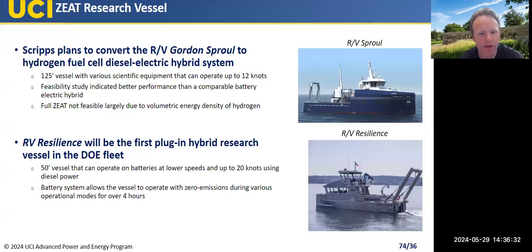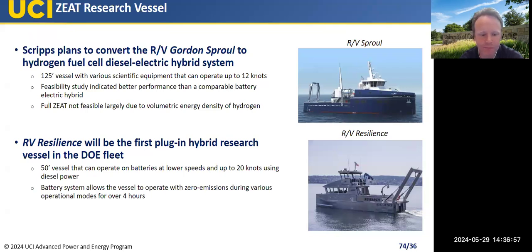On the other hand, they couldn't do full ZEAT with the hydrogen fuel cells, just largely due to the volumetric energy density of hydrogen. The vessel had certain missions that had to be met, and they could not meet that with full ZEAT. Additionally, the RV Resilience is a DOE research vessel that's going to be the first plug-in hybrid research vessel. This isn't necessarily a California example, but I just included it here because it was similar. This is a 50-foot vessel, and the battery system can allow this vessel to operate in zero emissions mode, potentially for over 4 hours.